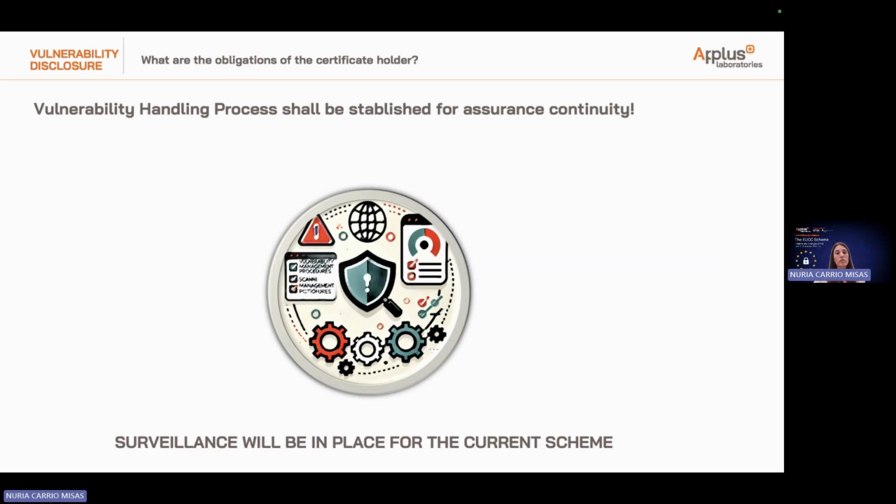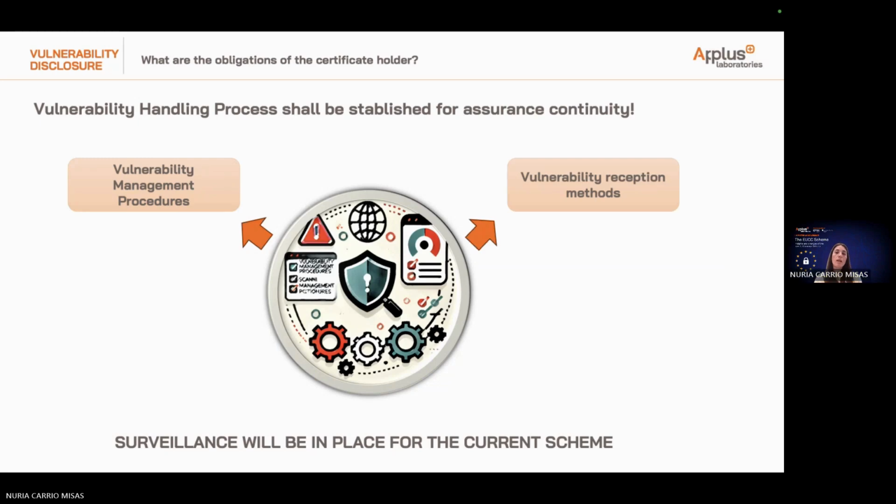So what do you need to know to implement this vulnerability handling process? First of all, you need to have vulnerability management procedures, okay? You need procedures to follow when a vulnerability comes up. You need to establish also vulnerability reception methods.